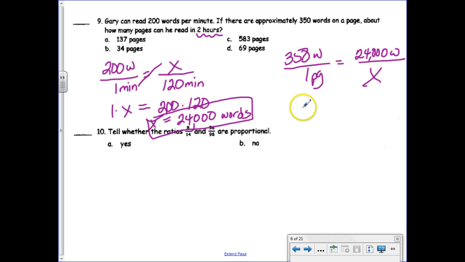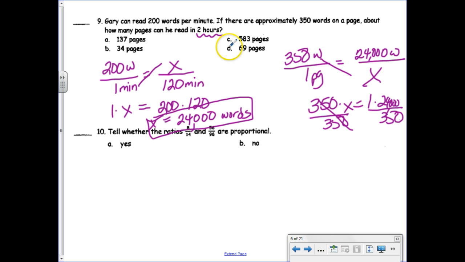This time, we're going to have to do some dividing, because I get 350 times x equals 1 times 24,000, and then I'm going to divide by 350. And when you do that, you should end up with approximately 69. Should be D. Oops, I kind of made a mess on here, so let me rewrite this so that you can see what we're talking about.